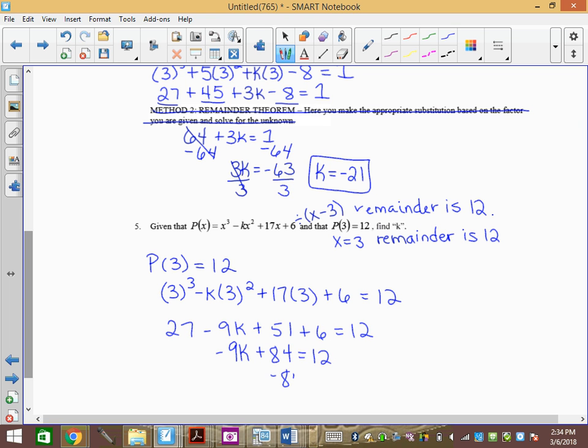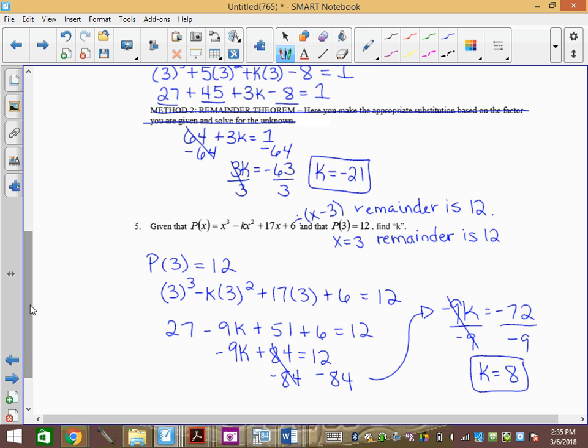Subtract 84. Negative 9k equals negative 72. Divide by negative 9. K equals 8. Check it out. You plug it back in for k. You could plug in 3, and then you should get 12, right?